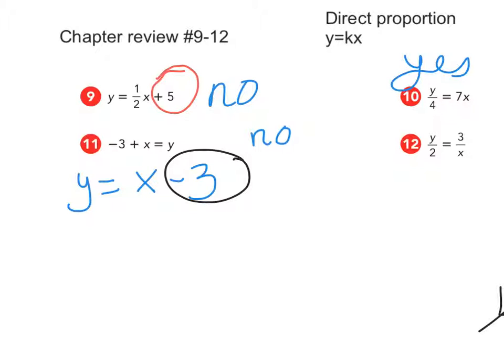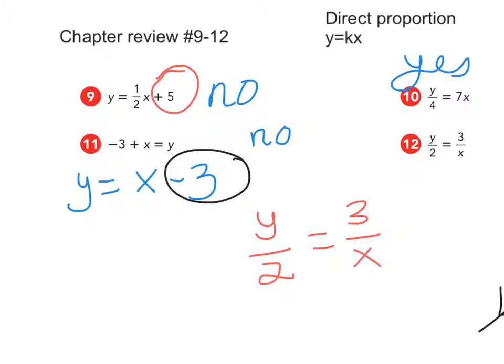And then let's look at number 12. Again, number 12 has some stuff going on, so it's really hard for me to see if it's a y equals equation because it's not y equals. So what I'm going to do is take my y over 2, or y divided by 2, is equal to 3 over x, okay?